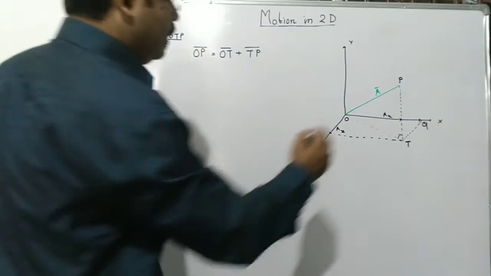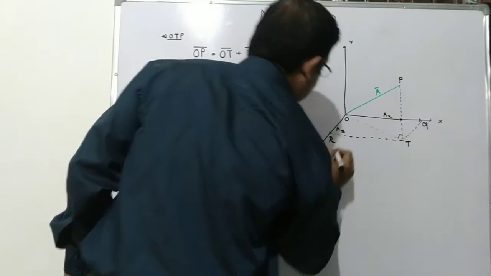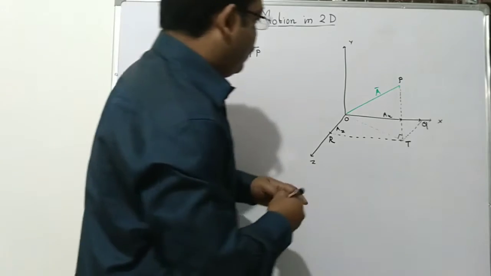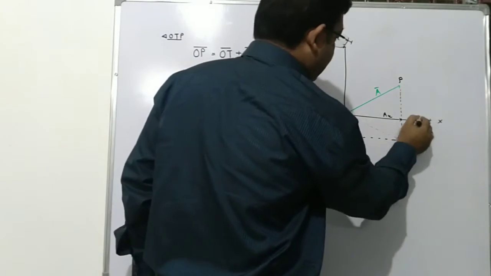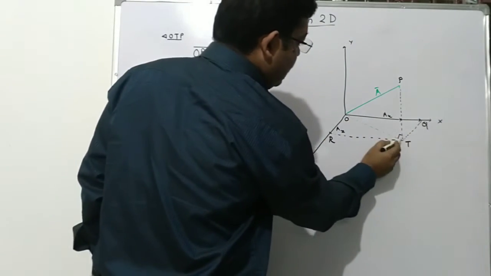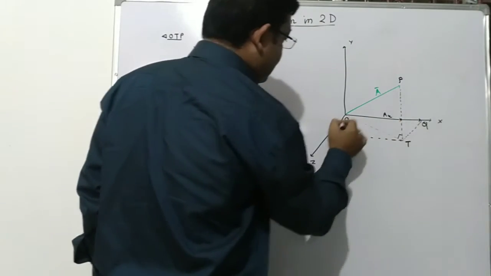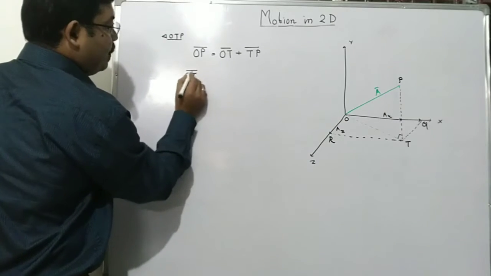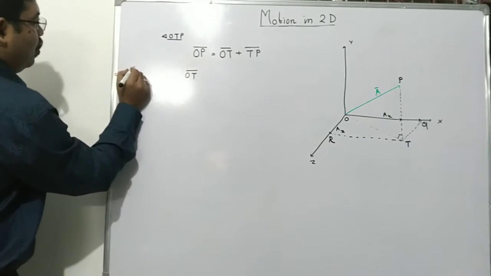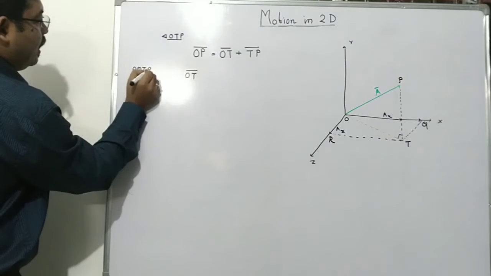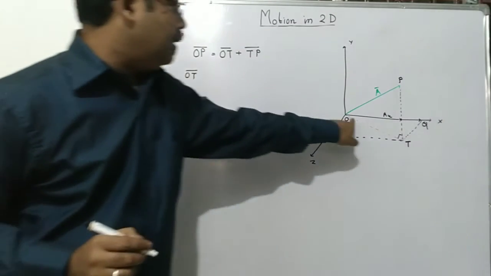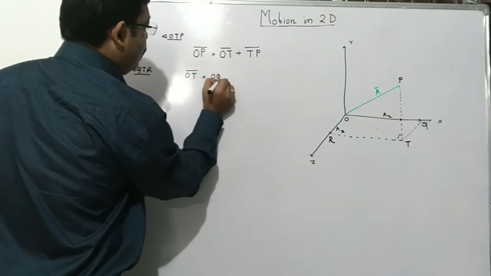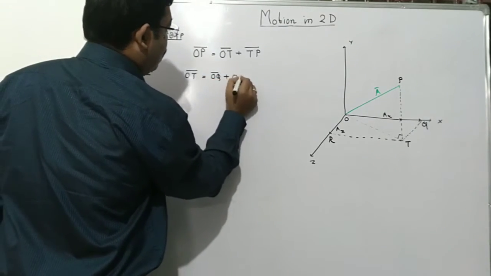Let it meet the z-axis at point R. Fine. Then if we consider this rectangle OQTR, this is the diagonal, this is one vector and this is another vector. So vector OT must be equal to OQ plus OR.